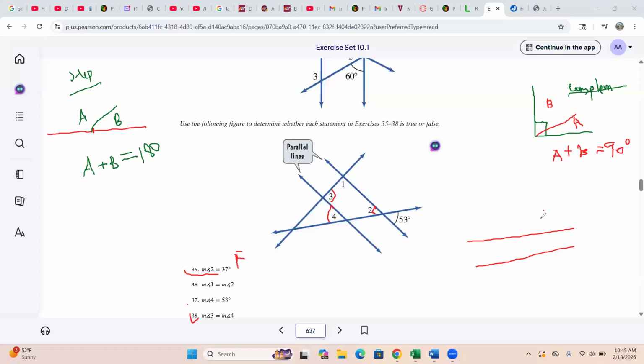And then we intersect them by a so-called transversal, and then the angles inside will be the same. But the lines must be parallel. And my lines, no way they're parallel. They're not parallel. Right? Here they're not parallel. They're not the same. 3 is not the same as 4. Okay, so another false statement. How about that? Another false statement.